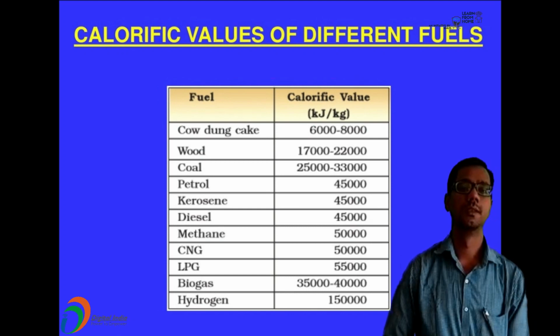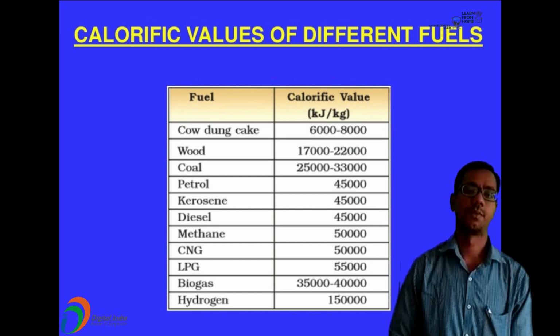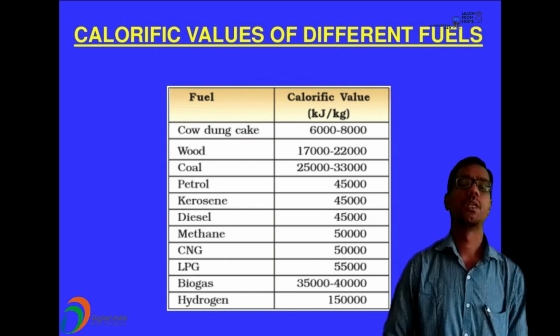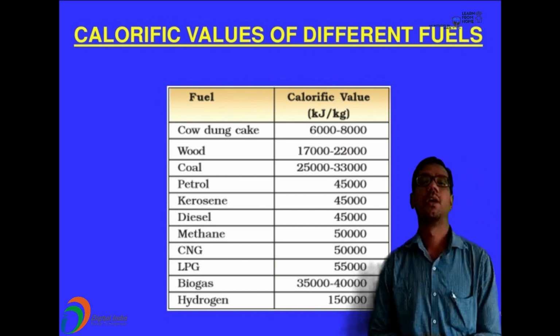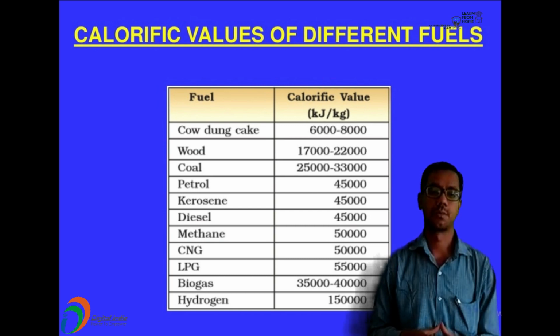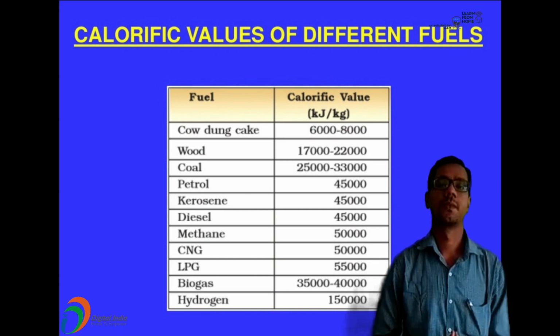We also learned calorific value, its definition, and calorific value of some of the different substances. Fire extinguisher, its role, types of fire extinguisher, what kind of fire extinguisher is used for what kind of combustible substance. So this is nothing but today's lecture.